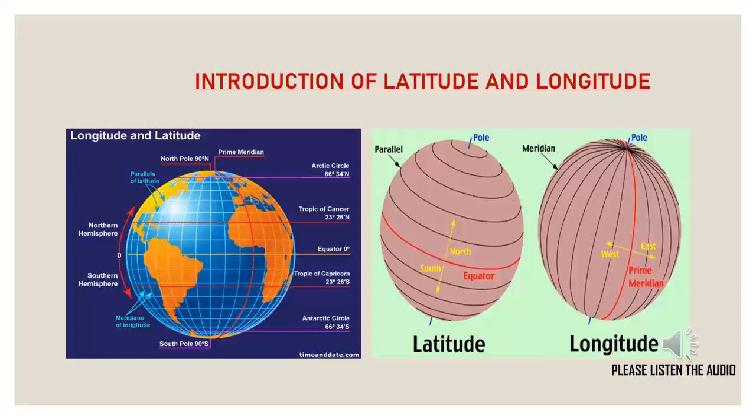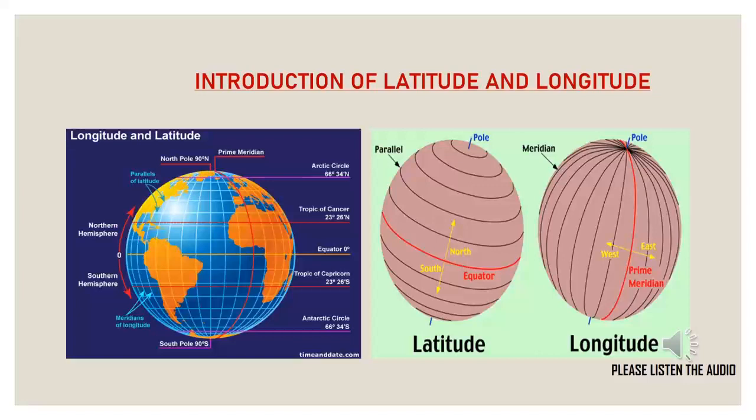Now, everyone knows there are two sets of lines through which we can locate a place in any part of the world. Those two important lines are latitude and longitude. In this slide, I'm going to explain two types of pictures.